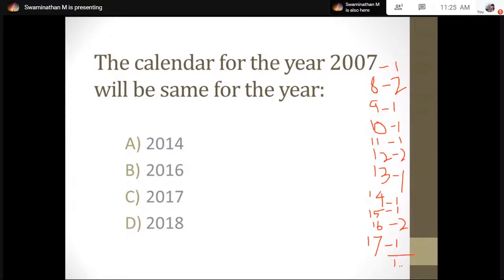So it will repeat from 2018. 2018 will be same as 2007. The number of odd days has to be 0, so the next year will be same. So for this, 2018 is the answer.